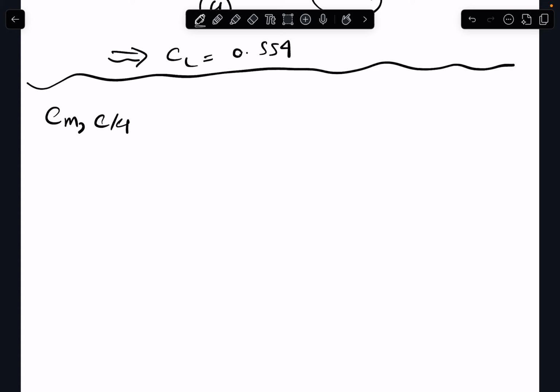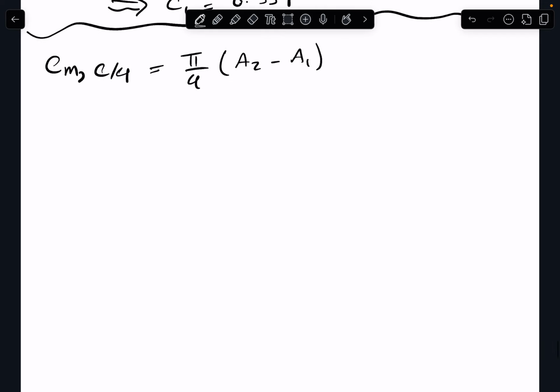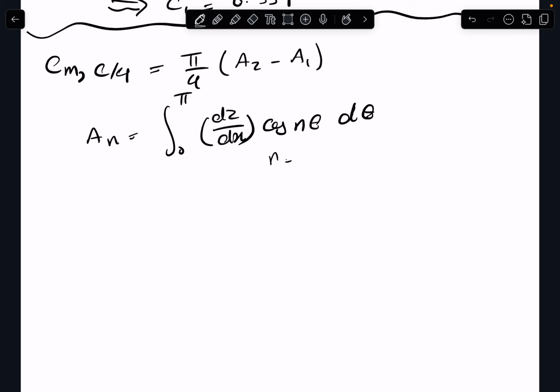The moment coefficient around the quarter chord can be found using this equation, pi over 4 multiplied by a2 minus a1, where a1 and a2 are Fourier constants, which can be found using this integral of dz/dx cosine of n theta d theta, where n can be 1 or 2.